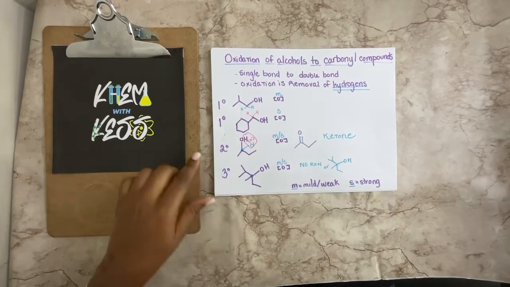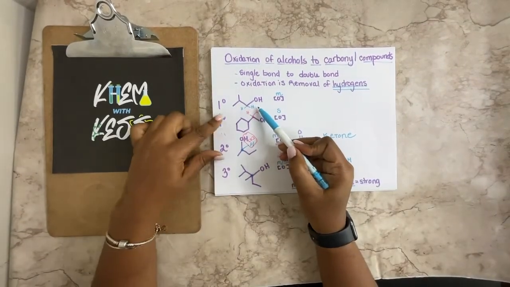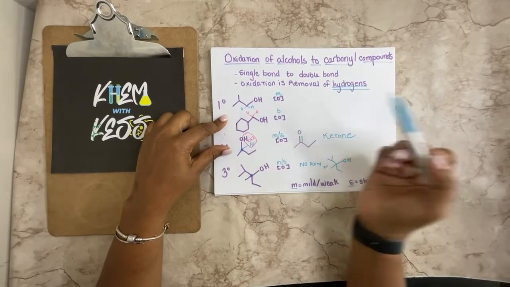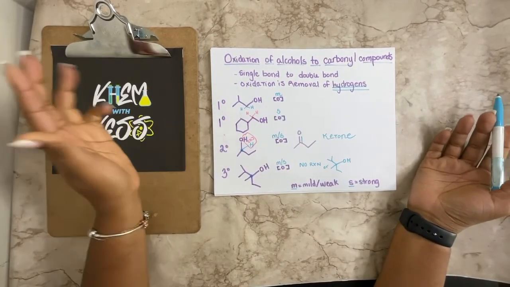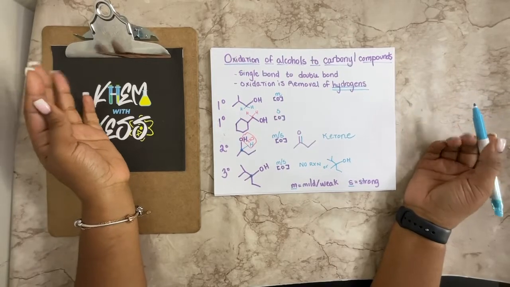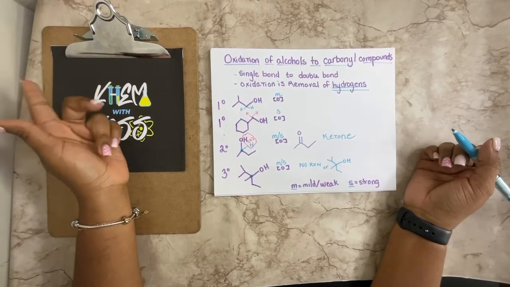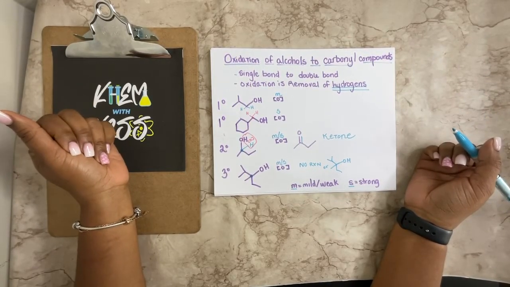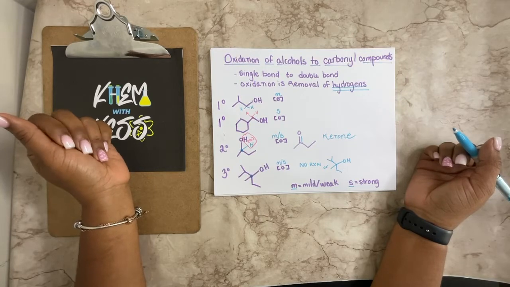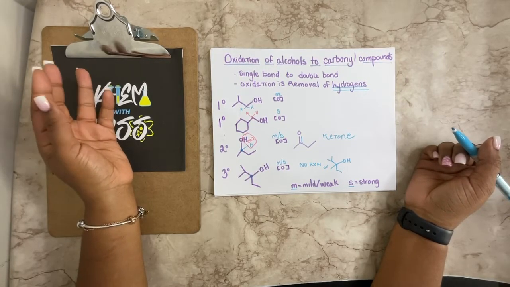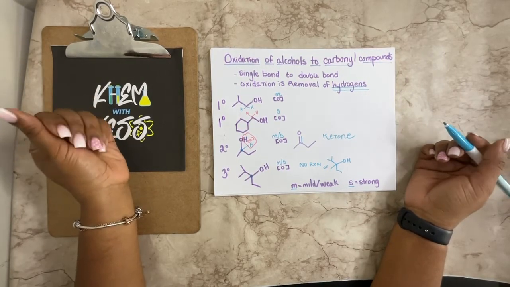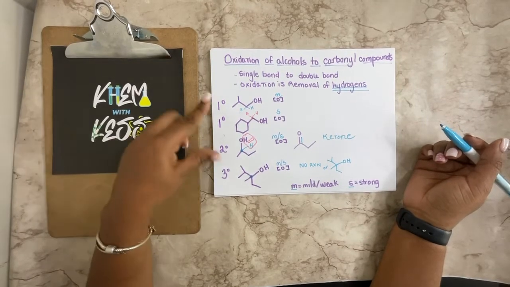Haha. So when I have the primary one and I use mild, what are my mild ones? Flip back to the sheet or the video. That is PCC or Dess-Martin, or pyridine over the dichloromethane, the CH2Cl2. Always make sure you have solvents as a part of your problems, guys.